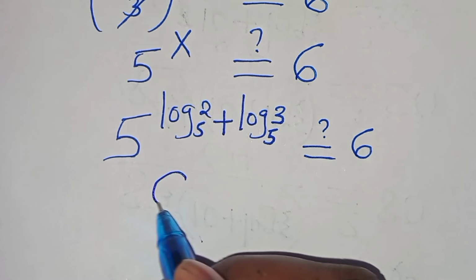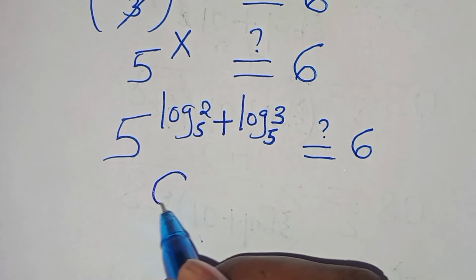This should give us a value of 6. This is in the form of a to the power of n plus m, which you can express as a to the power of n times a to the power of m. Applying this exponent property, we have 5 to the power of log 2 to base 5 multiplied by 5 to the power of log 3 to base 5. This should give us a value of 6.